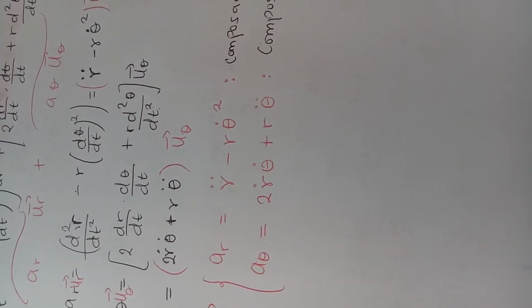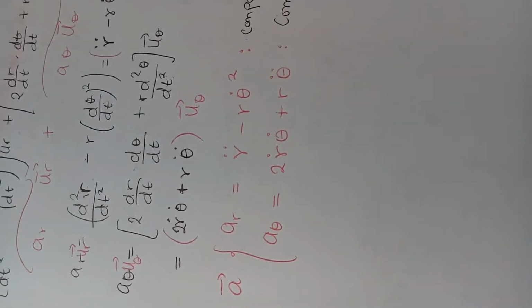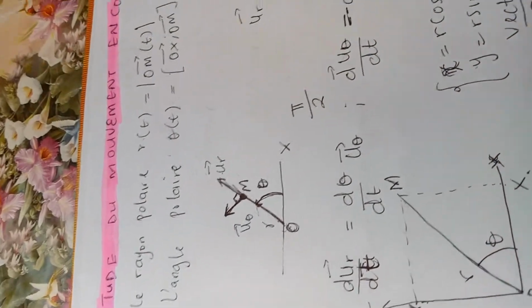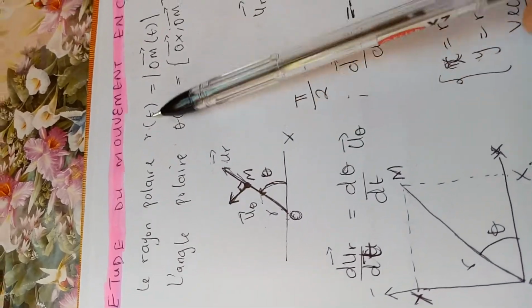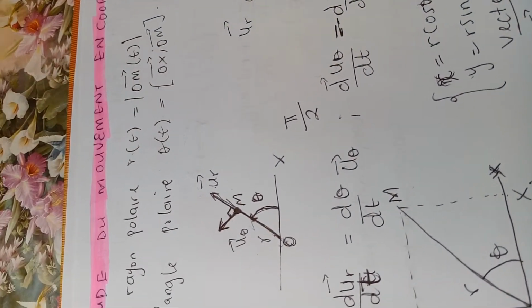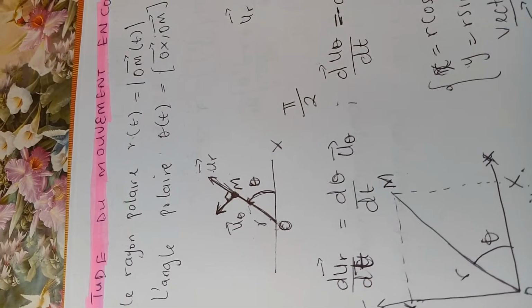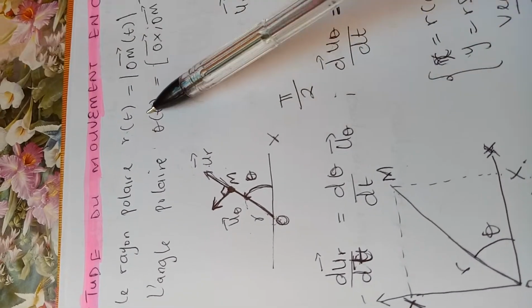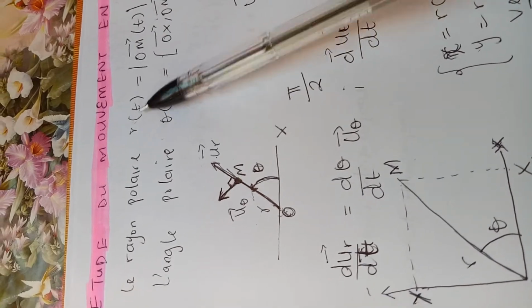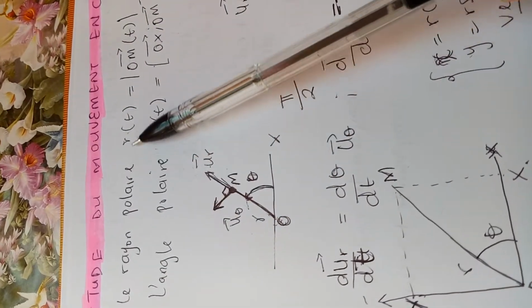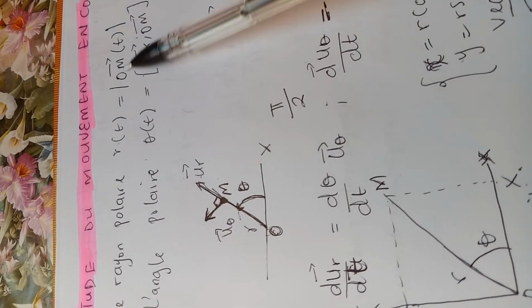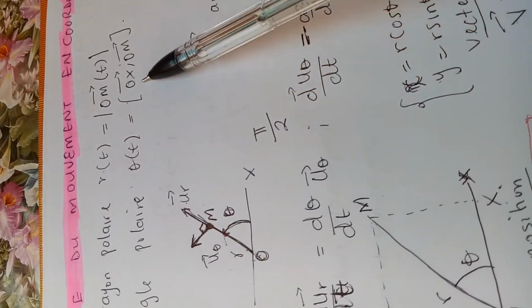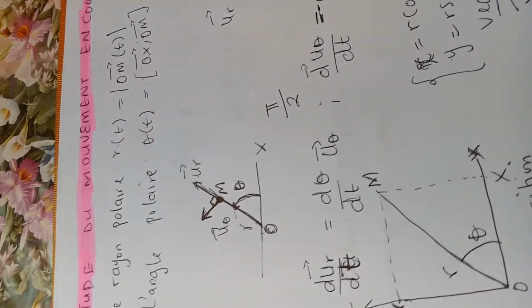So we're going to do like a rappel summary. At the beginning, I started with telling us that when coordonnée polaire is called, the two things that should come to your mind is we're working with r, we're working with theta. And the rayon polaire, that is r of t, is OM of t. It's this. Then the rayon polaire of theta t is Ox, OM.